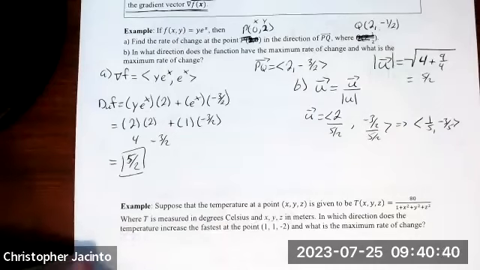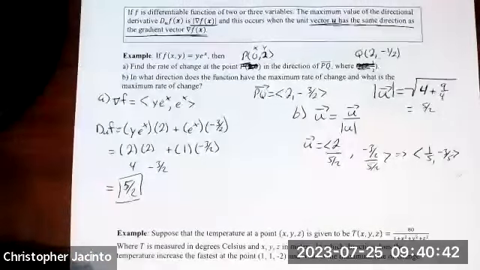Okay, so now let's go back to our definition here. It says the maximum value of the directional derivative is the magnitude of the gradient vector, and it has to occur in the same direction as the gradient.